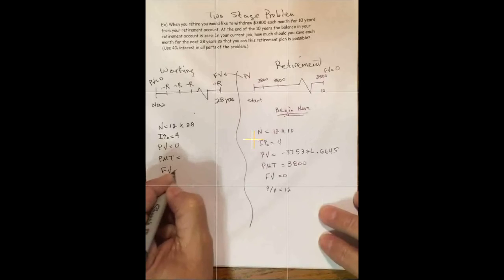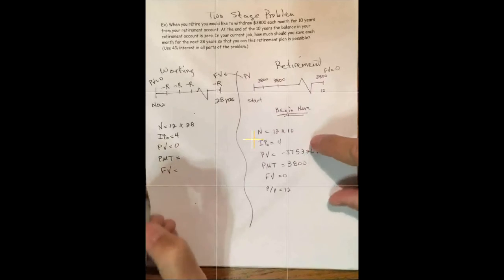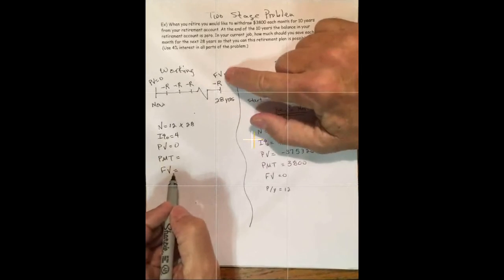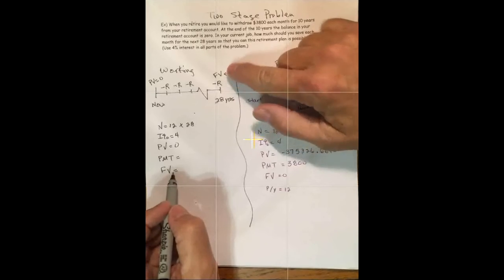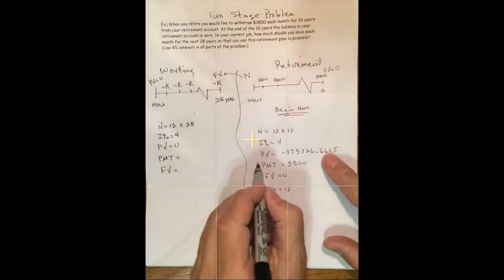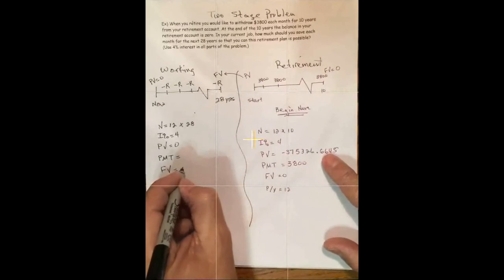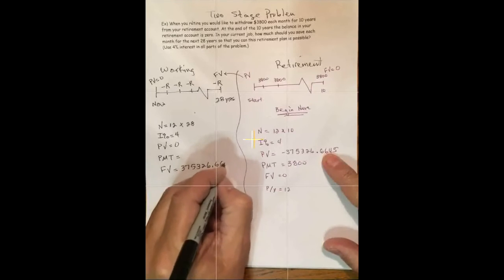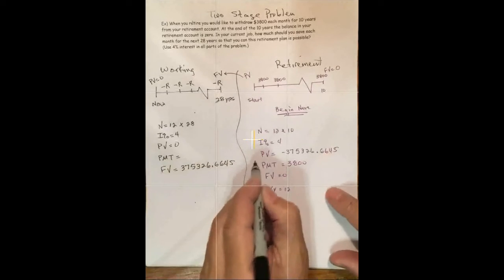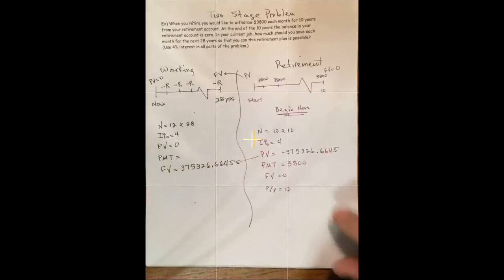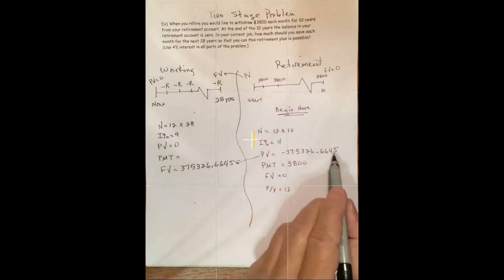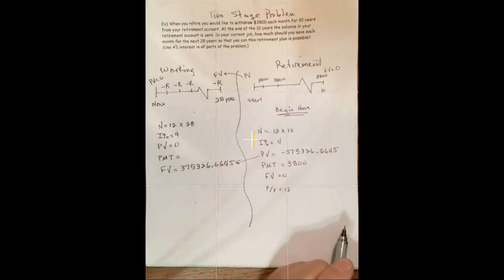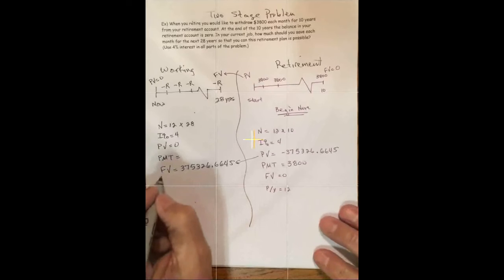Future value. Well, the future value in this scenario, what we want to end up with after saving for 28 years, is going to be exactly what this present value is. So we're just going to copy this number, 375,326.6645. And this is what you have to do in the WebAssign two-stage problems. If you don't copy all these digits, you will get the wrong answer.